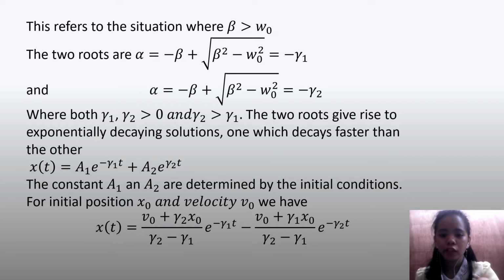The two roots give rise to exponentially decaying solutions, one which decays faster than the other.